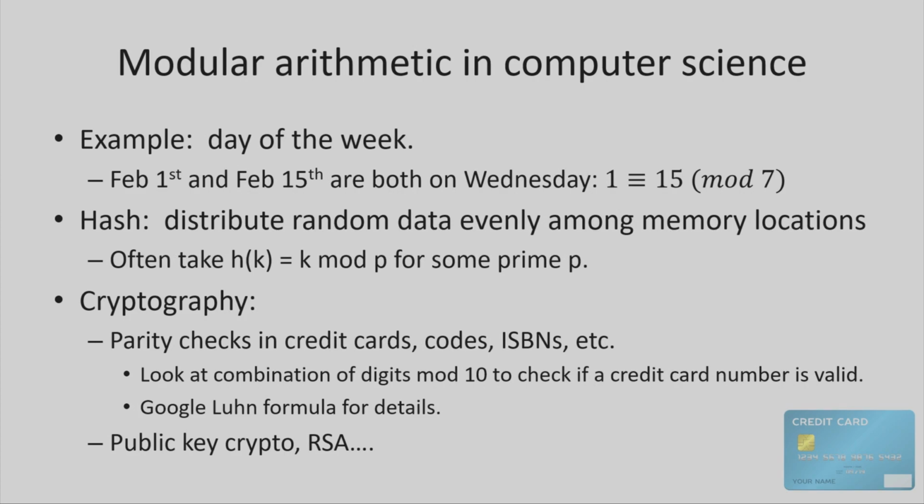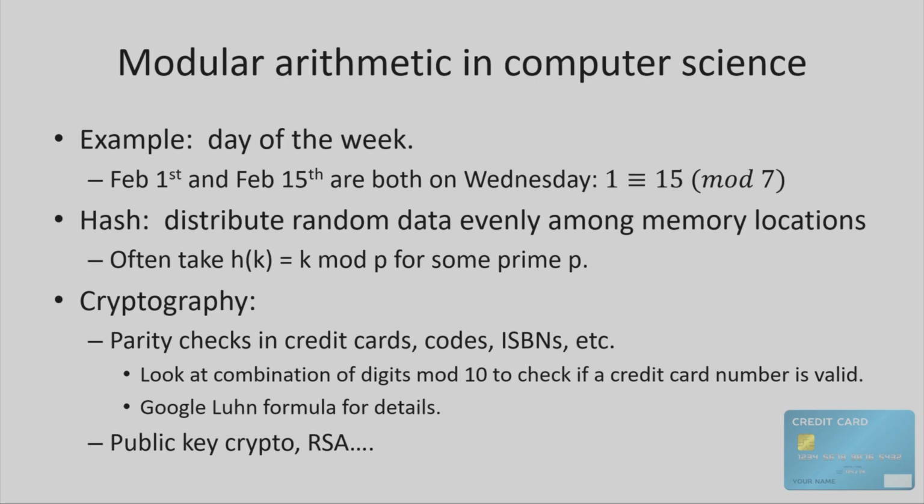In cryptography, we use modular arithmetic for all sorts of checks and checksums. For example, when you enter a credit card number, they can immediately figure out if this credit card number seems valid by computing some kind of operation on the digits and taking the result mod 10. If you want to see exactly how it's done, you could Google for it.